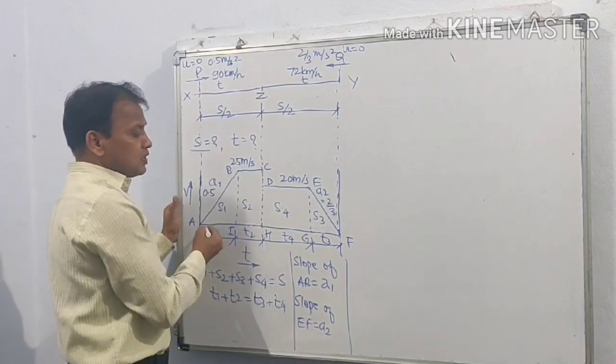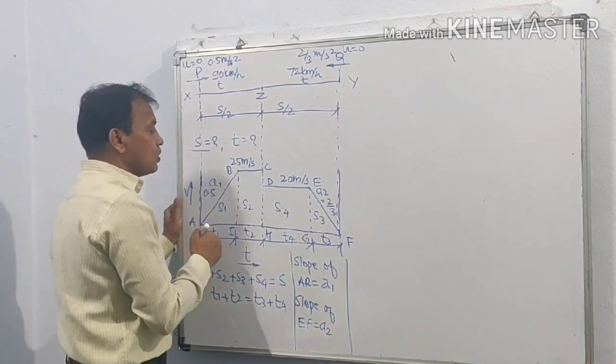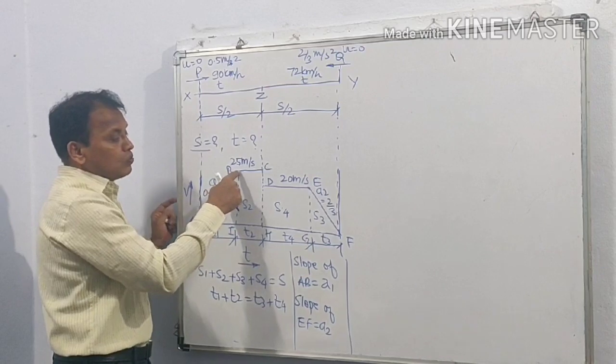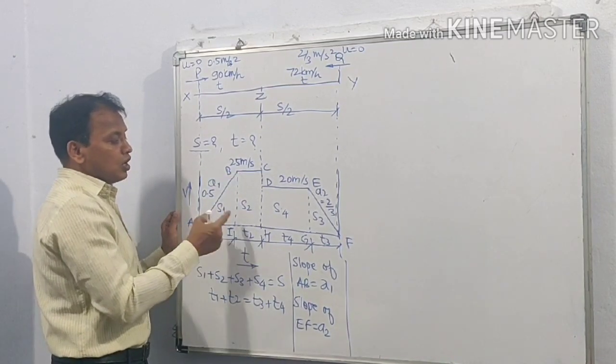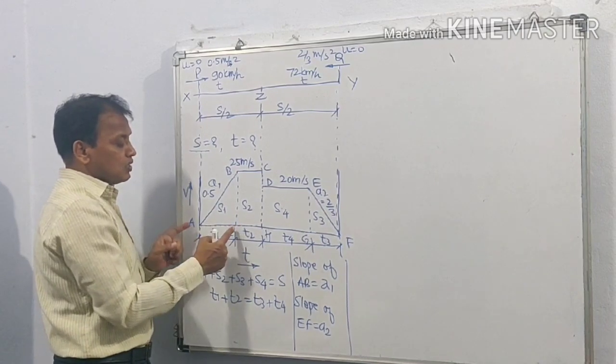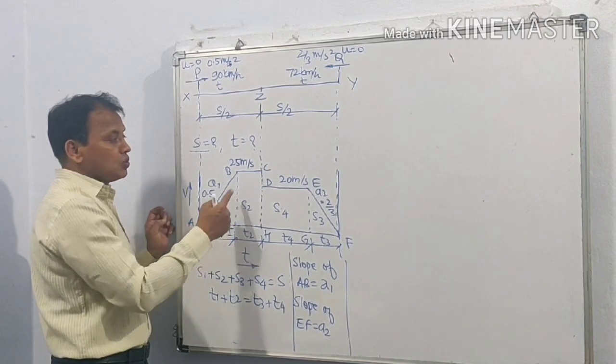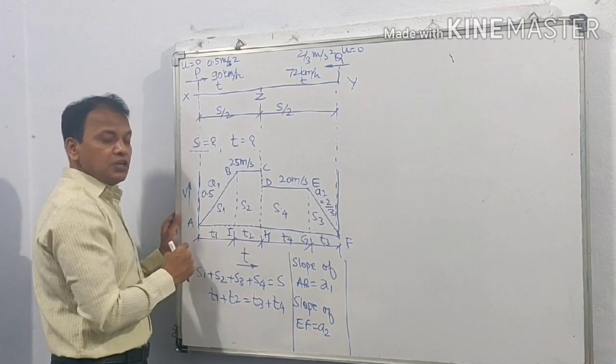Now let us first consider the slope of AB. A1 is equal to y2 minus y1, that is 25 minus 0, upon x2 minus x1, that is t1 minus 0, that is 25 upon t1.